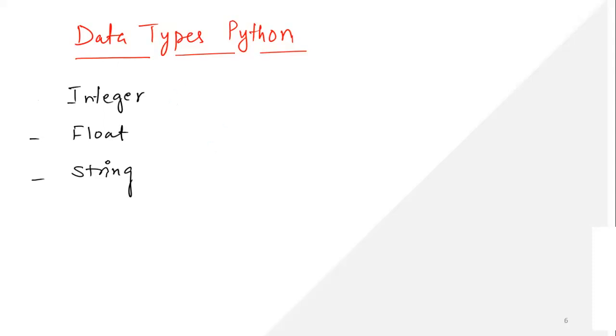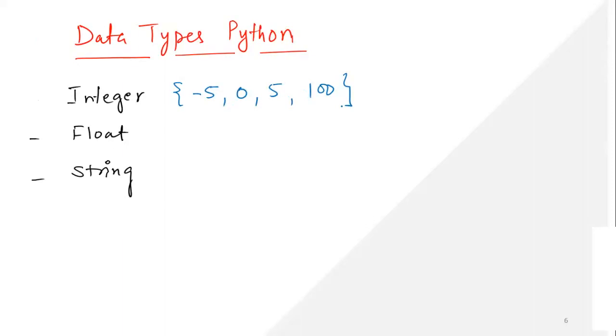When we are talking about the integer, what are integers? Integers are values which don't have decimal values. Integers are the numbers represented like -5, 0, 5, 100 without any decimal values.